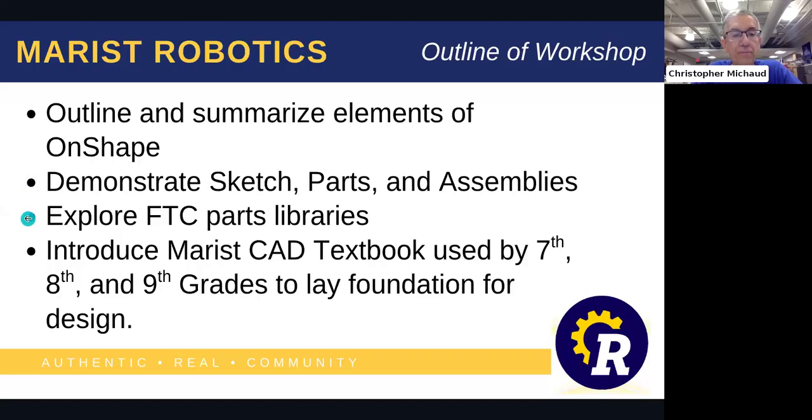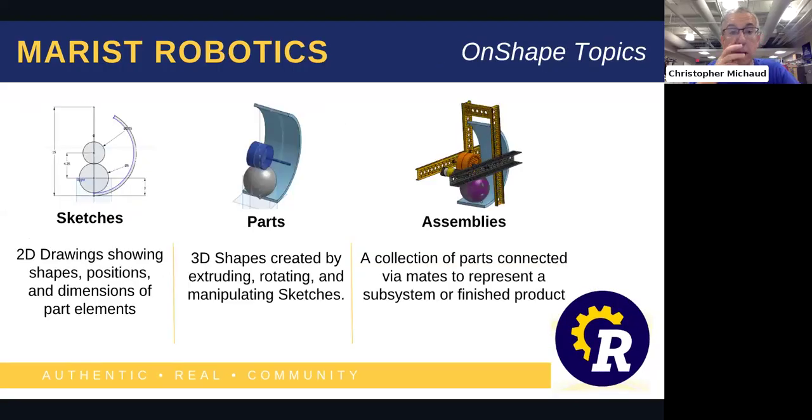Want to explore some First Tech Challenge CAD parts libraries that exist and how we can pull the parts in. And then finally, I want to introduce a textbook, there we go, that I use with my 7th and 8th and 9th graders that is just free to use to help them get a good start in the foundations of computer-assisted design. All right.